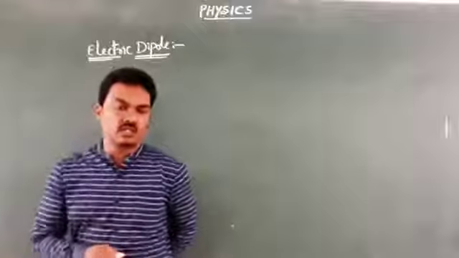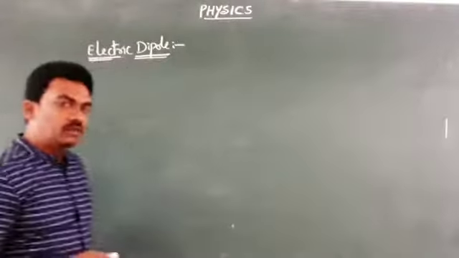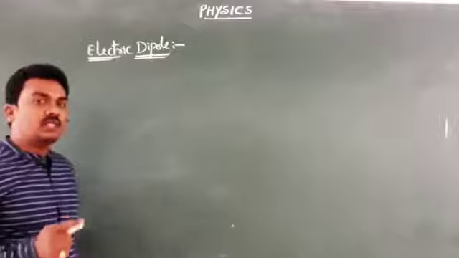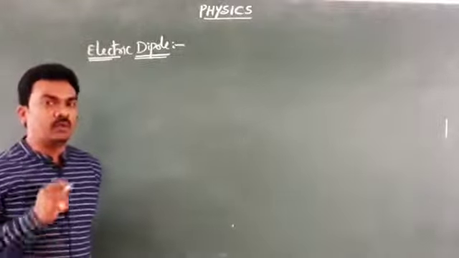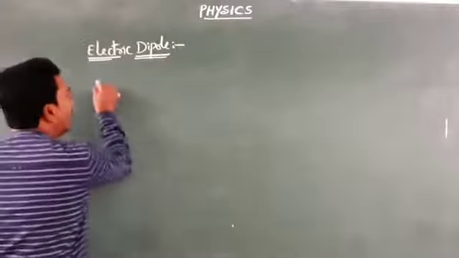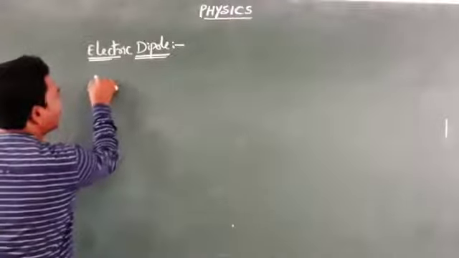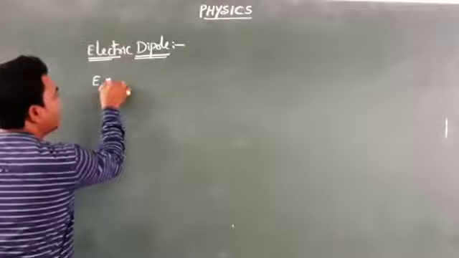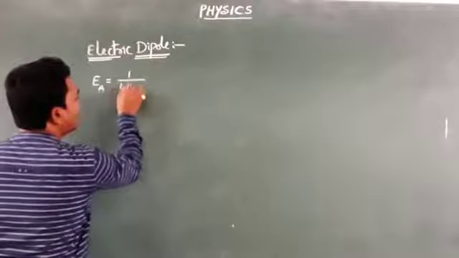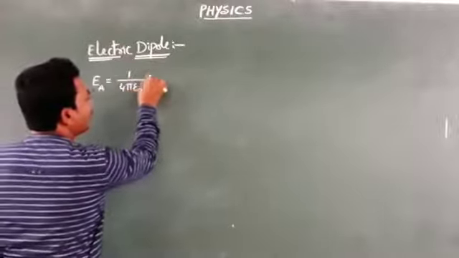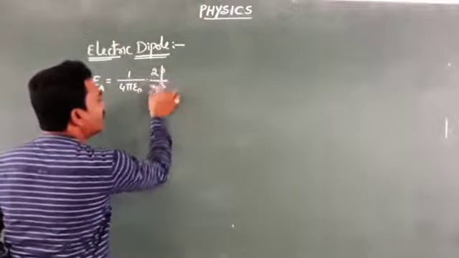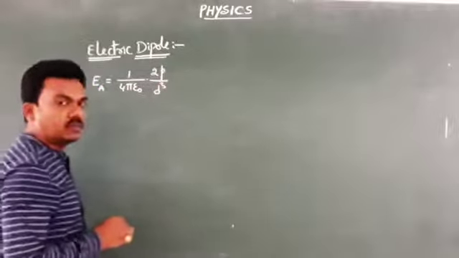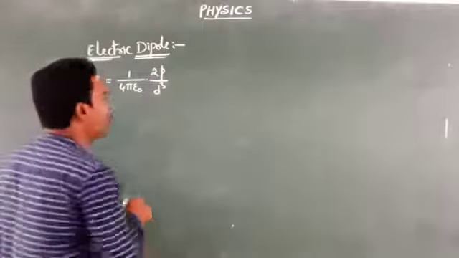In the just earlier class, we have discussed the electric field intensity due to an electric dipole at a point on the axial line of the dipole, which is given by 1 by 4 pi epsilon naught into 2p by d cube. d is the distance of the point from the center of the dipole.